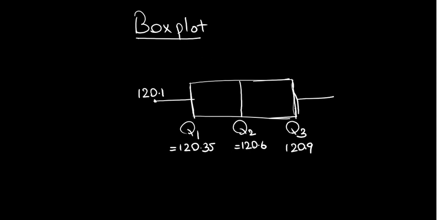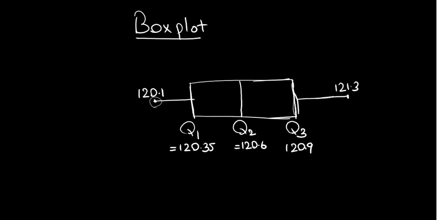The whisker on the right is longer than the one on the left, because 121.3 minus 120.9 is 0.4, whereas on the left it is 0.25.